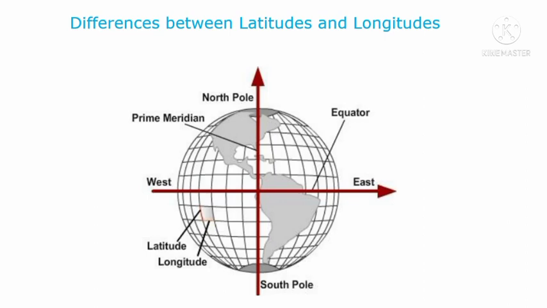Here you can see the complete latitudes and longitudes. These are the latitudes, circles which are parallel or horizontal in manner, and from top to bottom those are semicircles, vertical in manner, or longitudes.